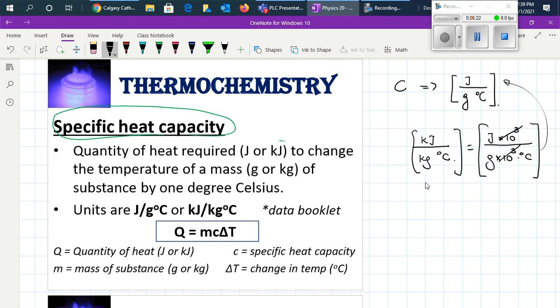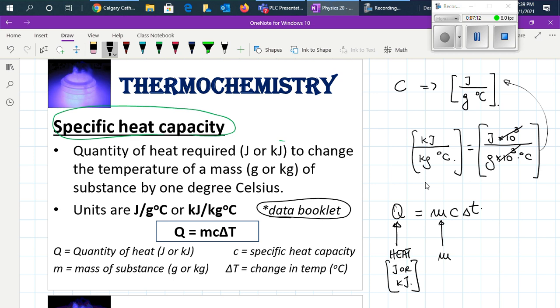On your data booklet, you will see the specific heat capacity for the elements that are used the most in chemistry, or that you are presented mostly in Physics 30, and the formula, which you have seen even before, is Q, which is the heat or the energy, equal to mc delta T. In this formula, Q is the heat or the energy that is absorbed or released from the surrounding, and it is measured in joules or kilojoules.